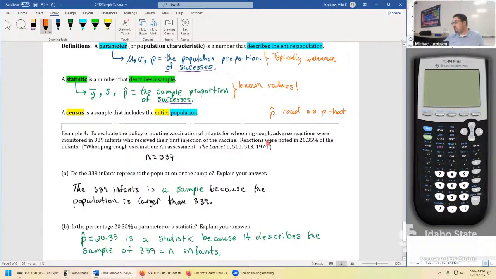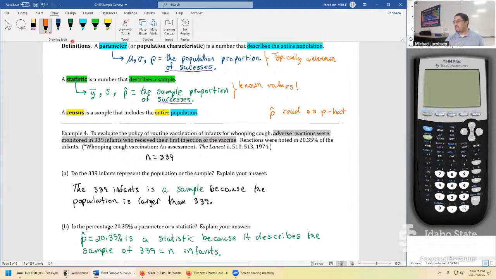In this problem, when they told us reactions were noted in 20.35% of the infants, that was p hat, and we're saying of the 339, this is the percentage. I should have thrown in the percent symbol there. Let me throw that in. That's the percentage of the sample that was a success. It sounds kind of awful, but success is adverse reaction to the first injection of the vaccine, only because that's what they're studying in this problem.